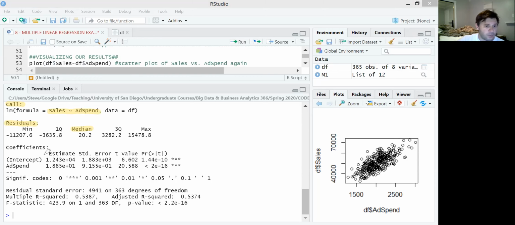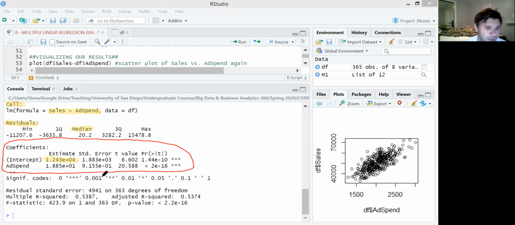But perhaps most importantly, the key thing we want to look at here is this part of the table, which tells us about our coefficient estimates. And right away, we can see that we have a coefficient estimate of 1.243 times 10 to the 4th power, which is 12,000 something.